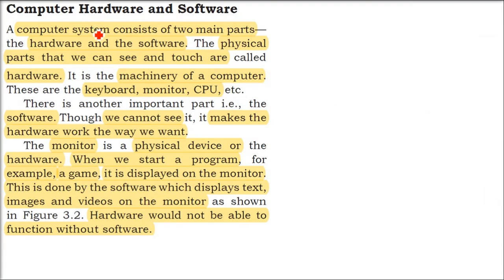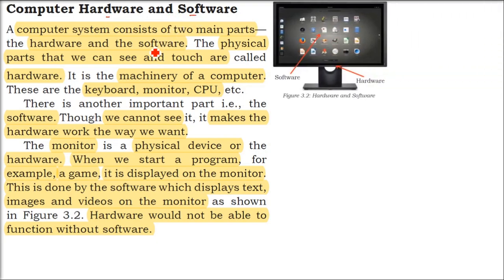A computer has two main parts, or you can say two main pillars. One is hardware, the other is software. So a computer system or computing device consists of two main parts, hardware and software. The physical or tangible part which you can see and touch is hardware, like this monitor.